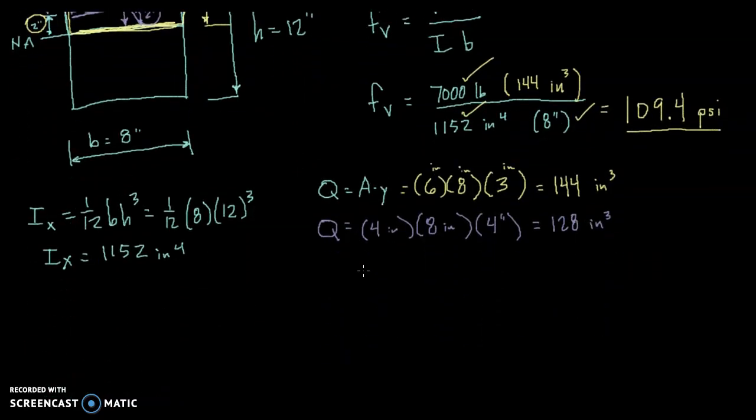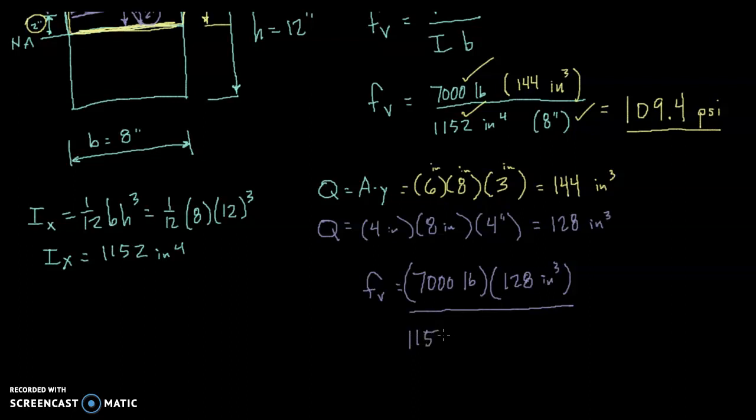So if I recalculate shear stress now, 2 inches above the neutral axis, I still have 7,000 pounds of shear force. Multiplied this time, instead of Q being 144, now it's 128, so we can see it's a little bit less. And the moment of inertia I is still the same, 1,152 inches to the fourth, multiplied by 8 inches.